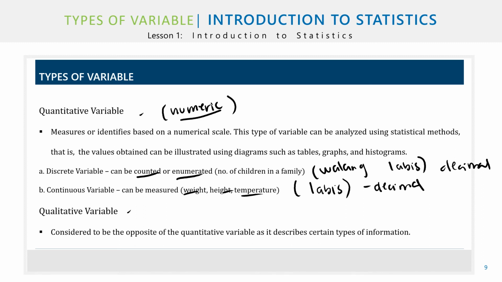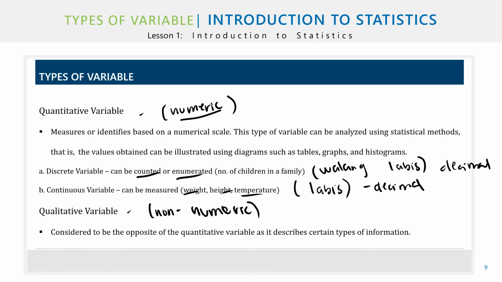Also, for the qualitative variable, so move naman tayo. So, tapos na tayo sa isang type of variable, which is quantitative. Yung pangalawa naman is qualitative. So, itong si qualitative, kabaliktad na lang naman niya ni quantitative, which is non-numeric. Okay, kabaliktaran. So, ibig sabihin, kung di mo mabilang at hindi siya na-measure, edi qualitative.